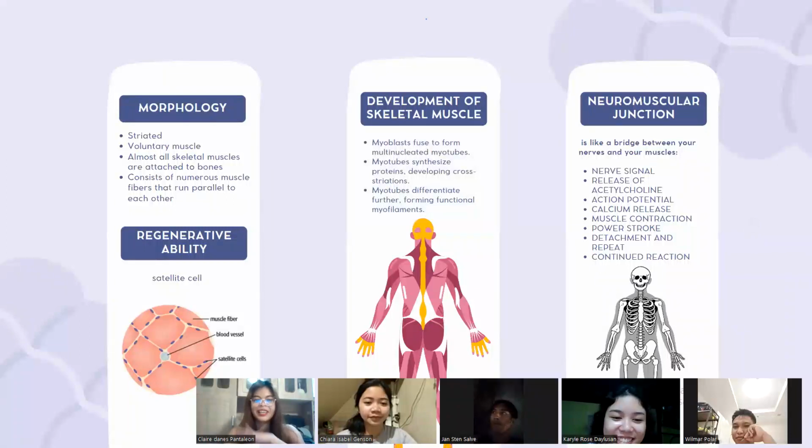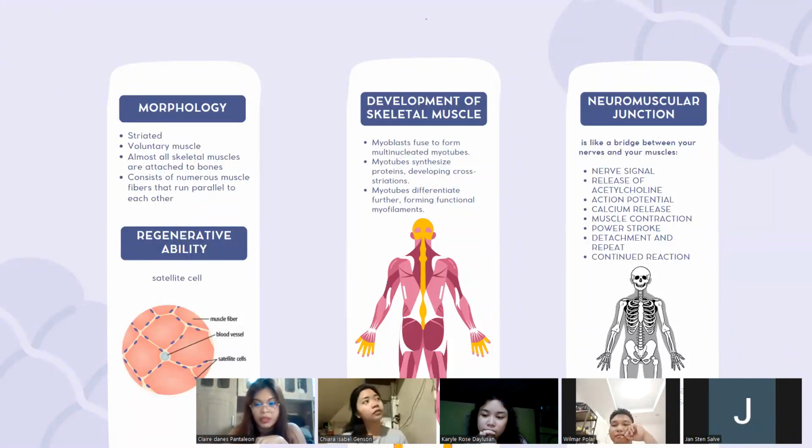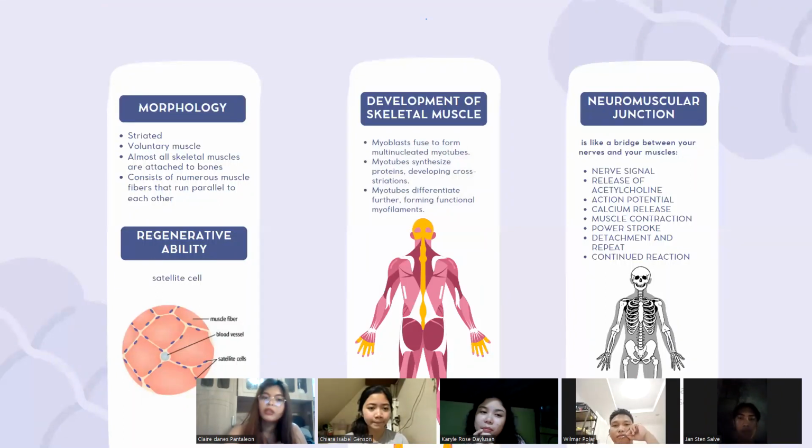Okay, so this is the overview of the skeletal muscle. Again, the morphology: it is a striated, voluntary muscle, and note, almost all skeletal muscles are attached to the bones. It also consists of numerous muscle fibers that run parallel to each other.